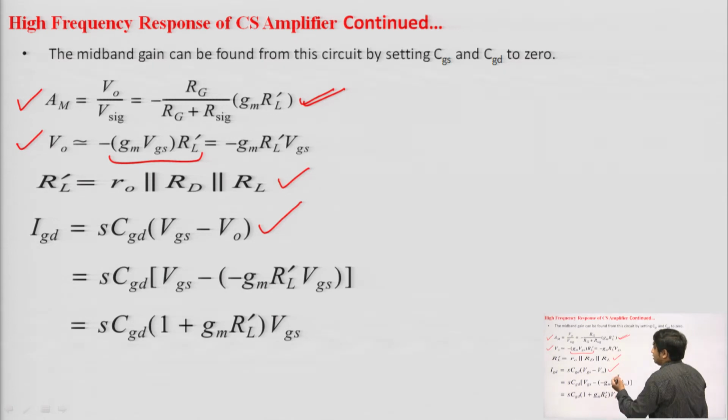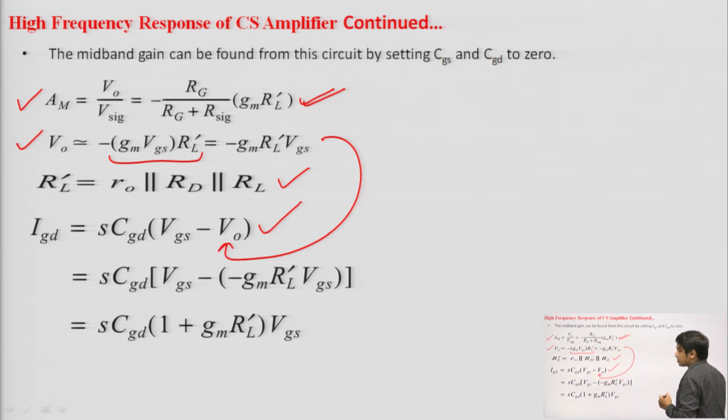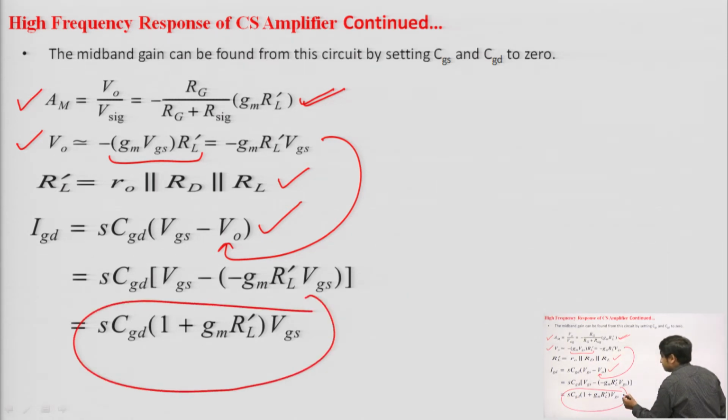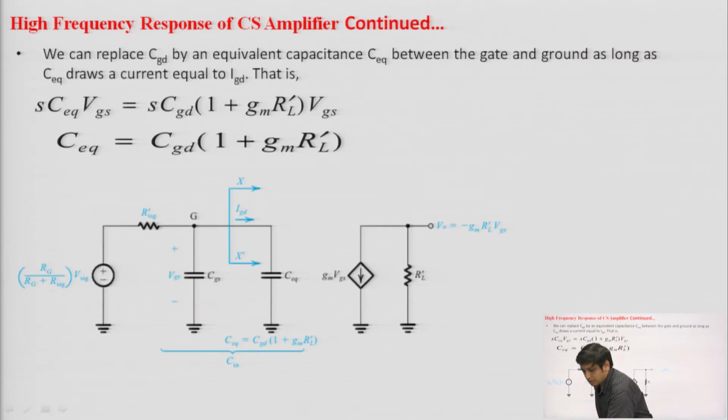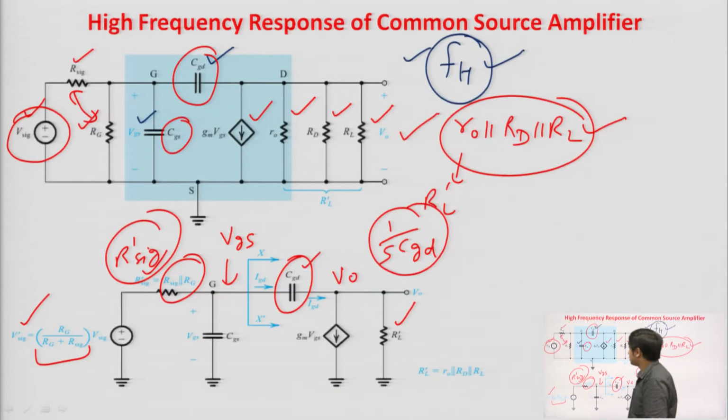We have already calculated the value of V naught, so just put it in this equation and simplify. After simplifying we get the value of IGD, fine. Now, one more important thing here, just refer to this high frequency model of the common source amplifier.